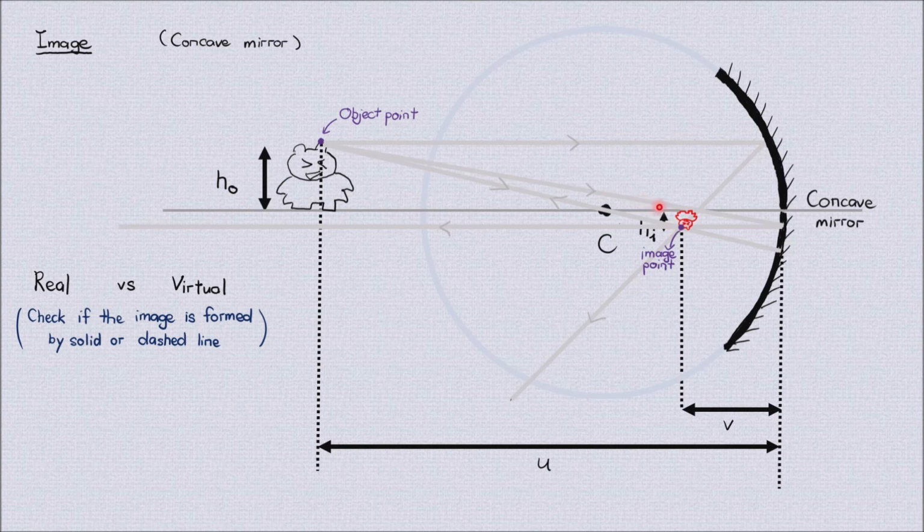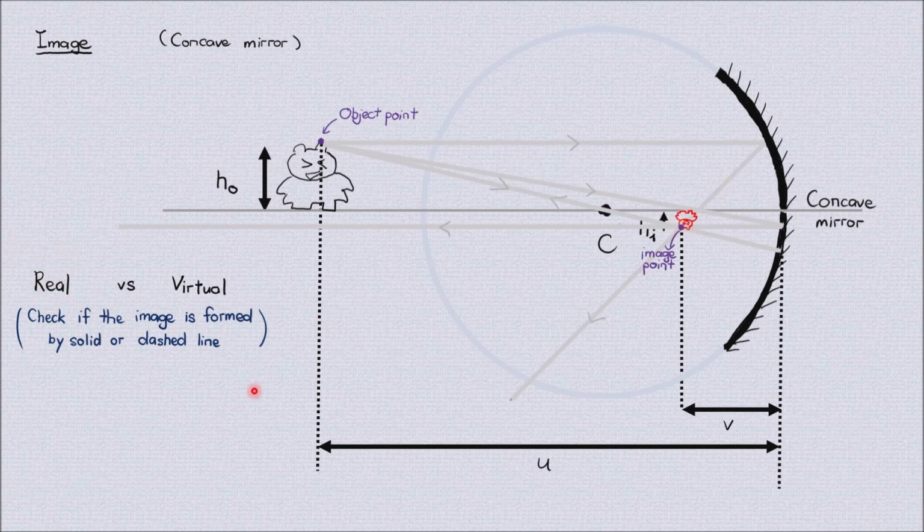For now you can see all lines are solid, so you might not be able to imagine what the dashed line means, but we will look at it in the concave mirror later. For now you can see that the three rays are all solid rays, which means the light actually passed through this intersection point. It's actual light passing through this intersection point, so we call it a real image.